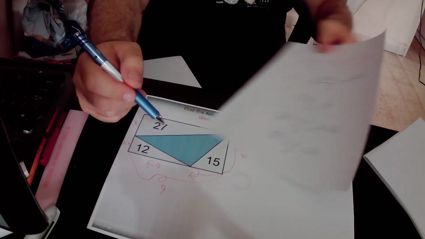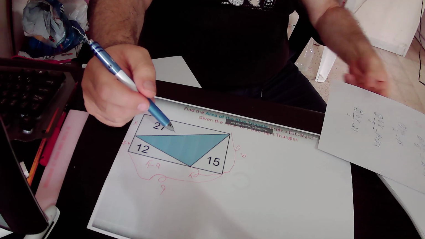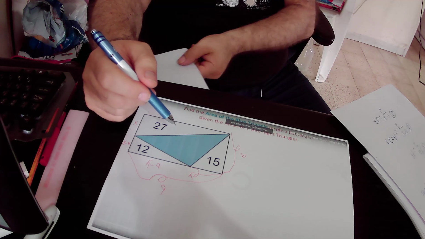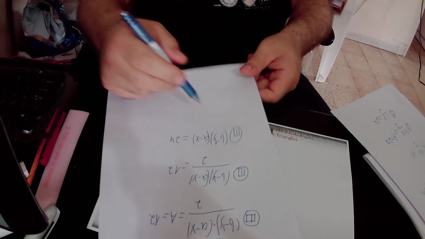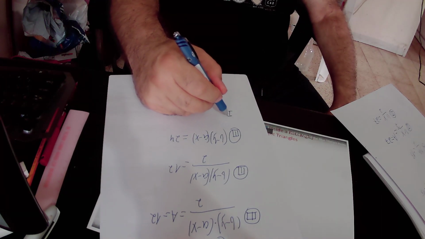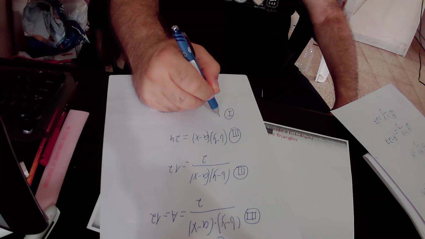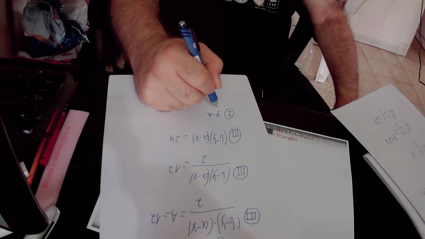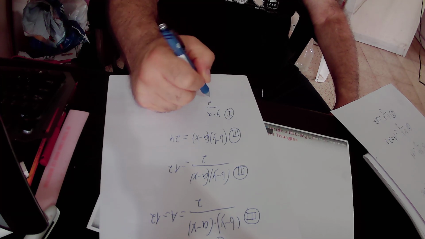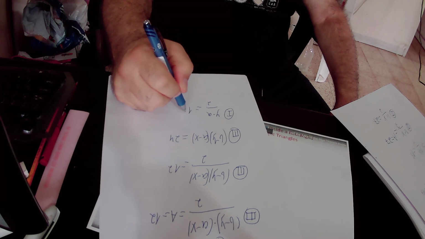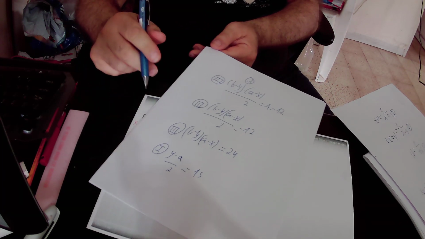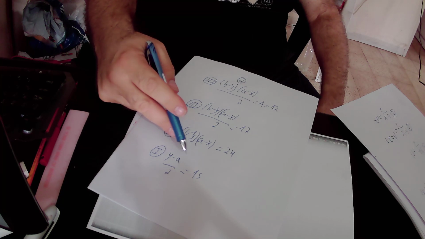Okay, first of all we will start from y. So the first equation is y times a divided by 2 equals 15. Okay, this is the first equation: y times a divided by 2 equals 15.